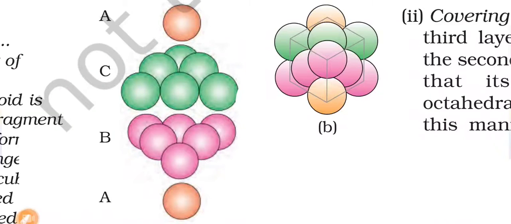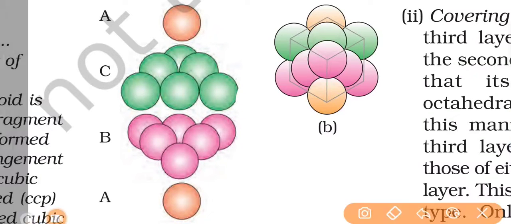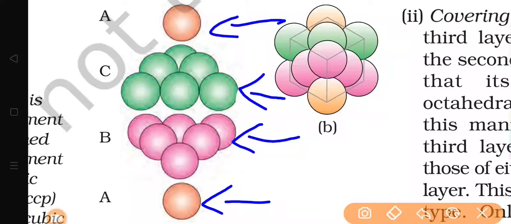So how will you get this type of unit cell? In the description of the textbook, as you can see, this image is mentioned. From this image, first let us discuss. So we have one sphere from the bottommost layer, then we have a total of 6 spheres selected from the second layer B, then we have again 6 spheres selected from the third layer C, and again from the top A type of layer we choose one sphere.